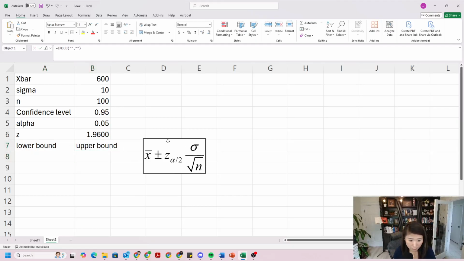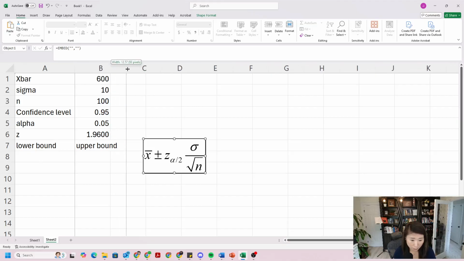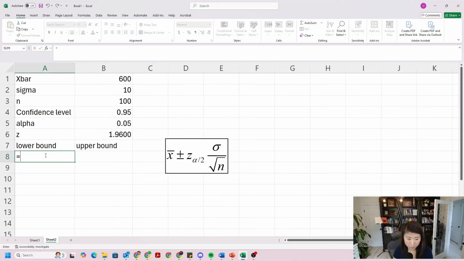For the lower bound, we're using the minus sign, right? So we pick the x bar minus the z we just calculated times the sigma divided by the square root of n. That will give me my lower bound.